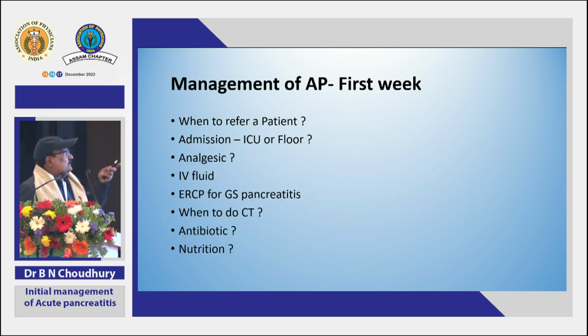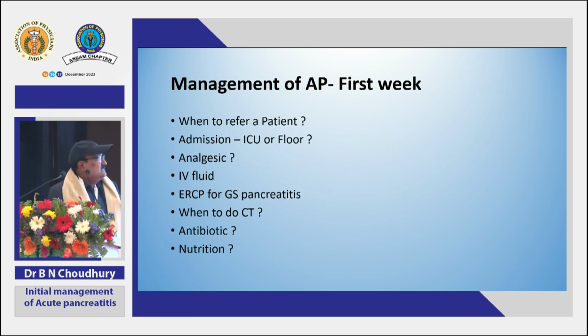So, what are the issues in the first week? The first issue is when to refer a patient, because all of us sitting in this hall are not so lucky as to work in a high-fi corporate hospital having all facilities, ICUs, interventional radiology, DSA technology, everything.